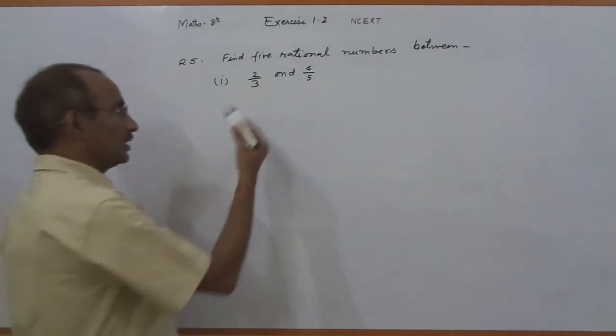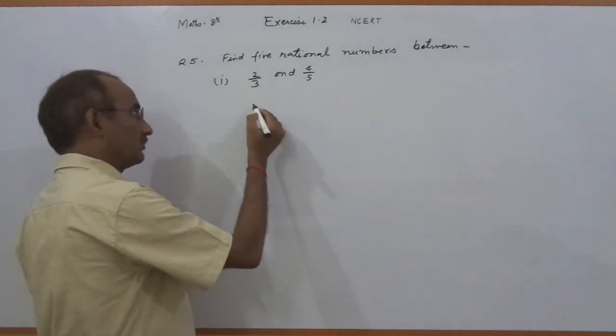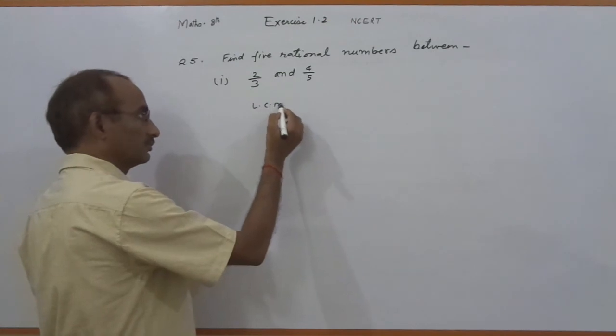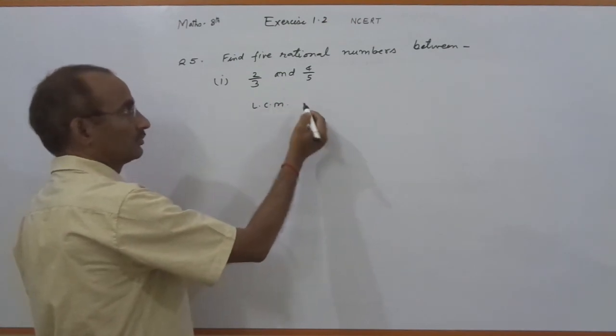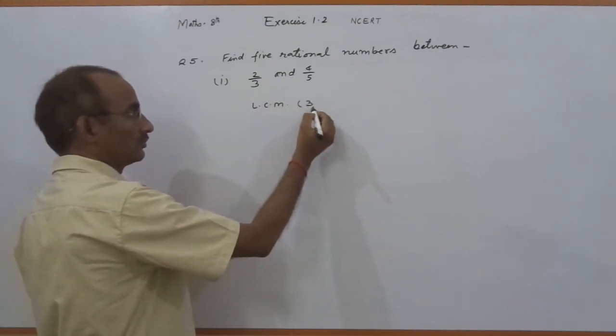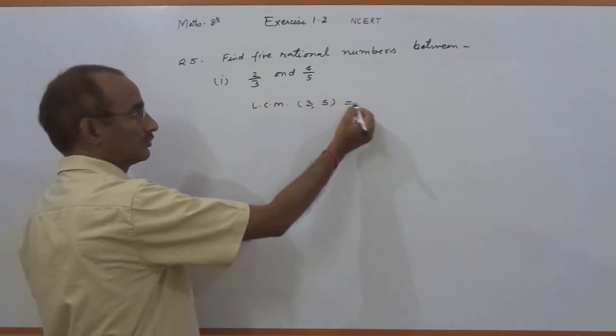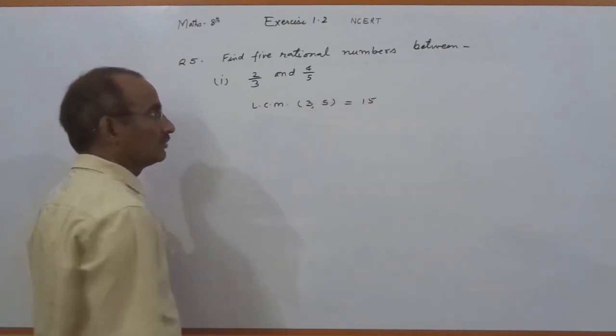So first of all we have to take the LCM of 3 and 5. It is 15.